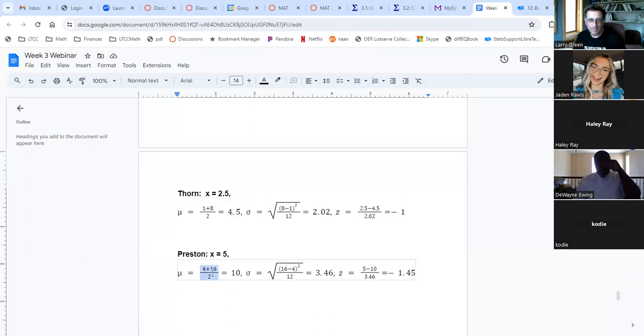So we take 4 plus 16 and divide by 2. That's 20 over 2, which is 10. Sigma will be the square root of 16 minus 4 quantity squared over 12. And with a calculator, I got 3.46.